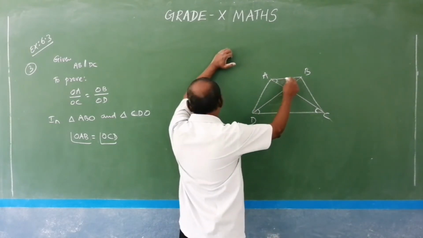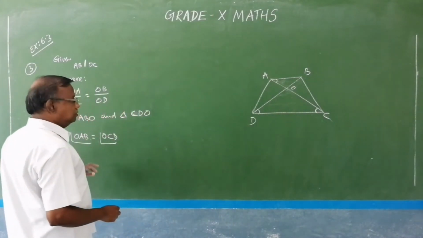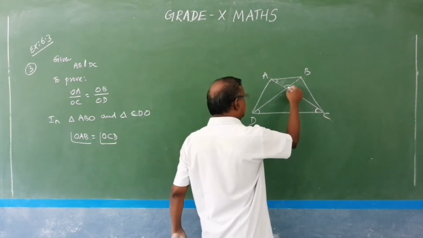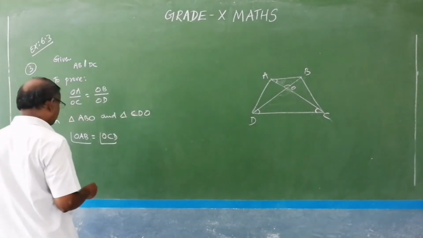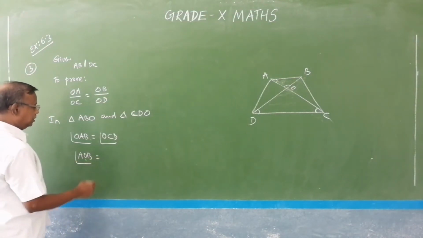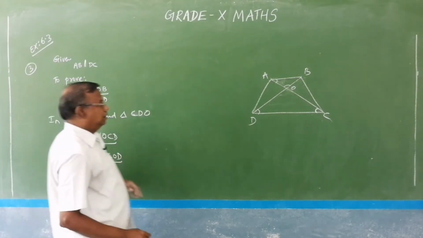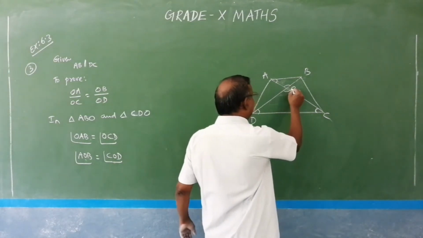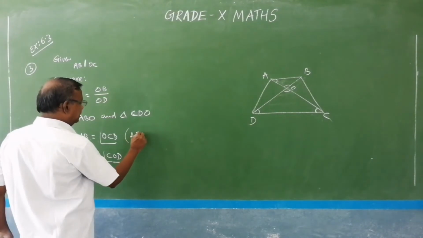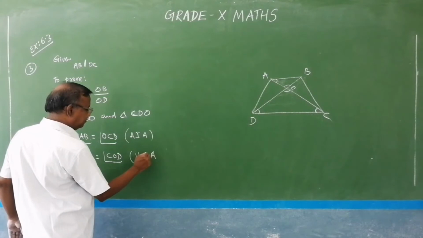So angle OAB equals angle OCD. Now angle AOB equals angle COD, because they are vertically opposite angles. The first is alternate interior angles, this is vertically opposite angles.